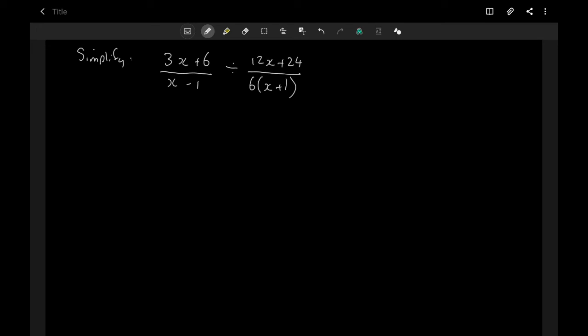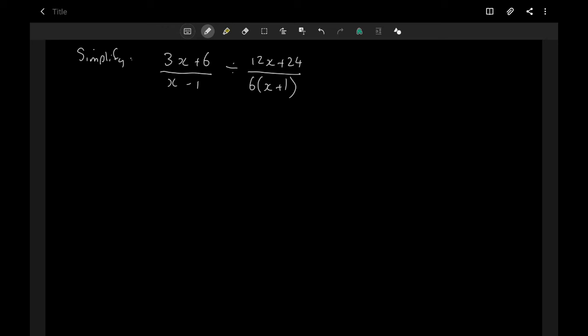So this question has two fractions. So they're saying what's the first fraction divided by the second fraction. So you will remember from your division of fractions lesson that there are a couple of rules that you have to follow when you do division of fractions. So let's write that down.